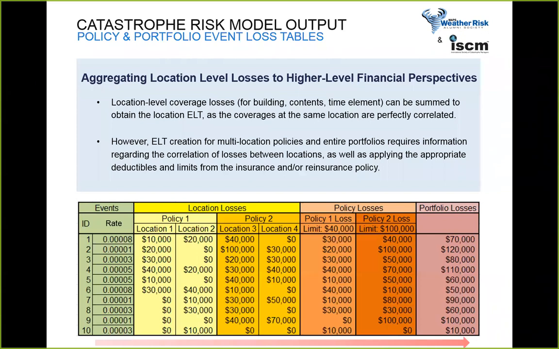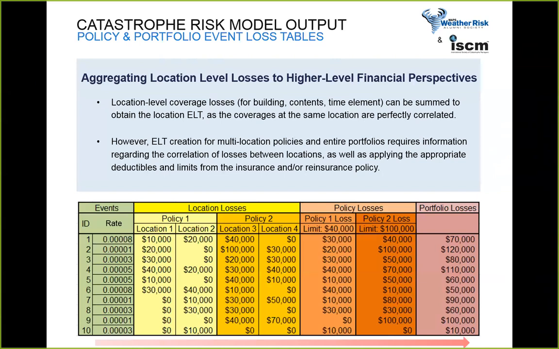And then, of course, we need to apply different deductibles and limits at the level at which they apply. For example, for this event 2, the 2 locations under policy 2 create a total loss of $130,000. However, if you look at the policy losses in orange, policy 2 has a policy limit of $100,000.